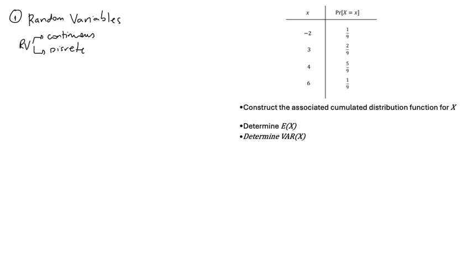They are discrete if they can only assume values that are limited. So they're islands. You can only assume 1, 2, 3, and you cannot assume anything in between that range. Okay? That's a discrete random variable, such as a toss of a coin.